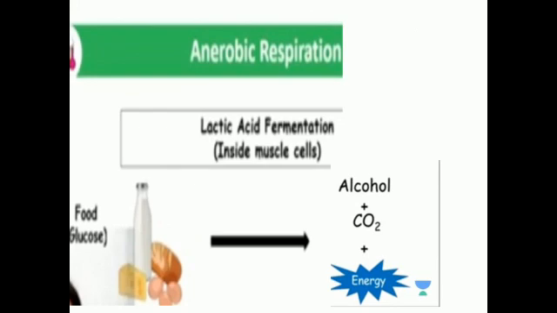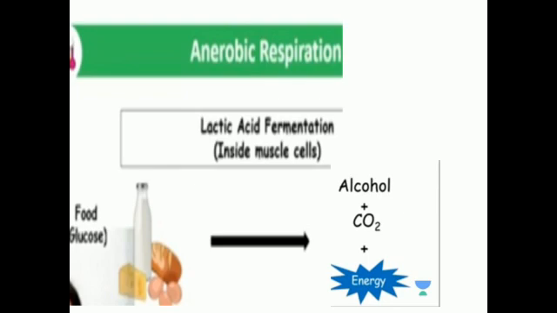Now, in your textbook the differences between anaerobic and aerobic respiration have been given. You have to learn it. The parameters are, first, the presence of oxygen: aerobic takes place in the presence of oxygen, anaerobic in the absence of oxygen.